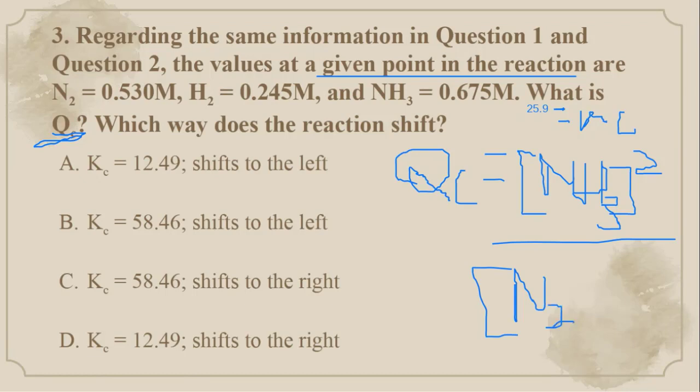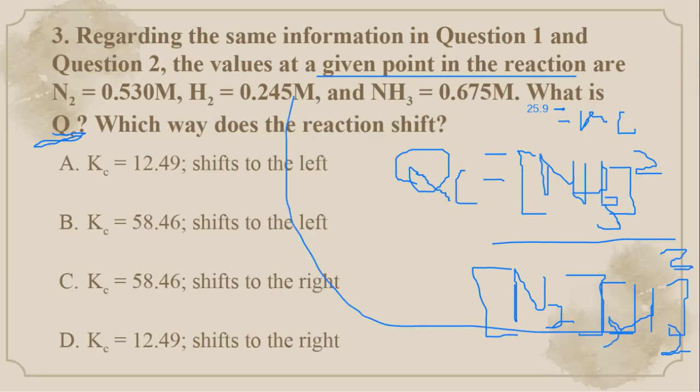Sorry, it takes a while to write all this on the board. And then H2 cubed. You're going to take H2 over here, the N2 over here, and then NH3.